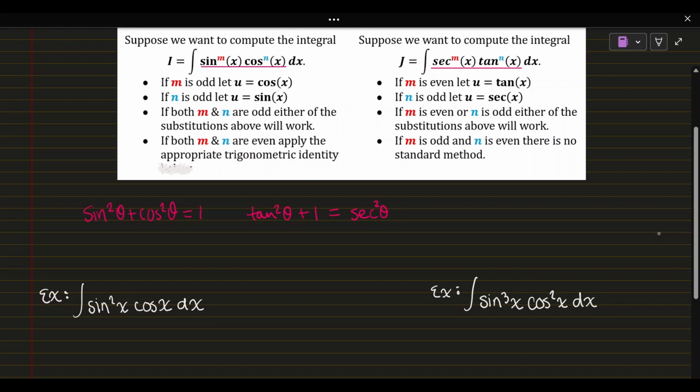And then two more identities: sine squared theta is equal to 1 minus cosine 2 theta over 2, and cosine squared theta equals 1 plus cosine 2 theta over 2.